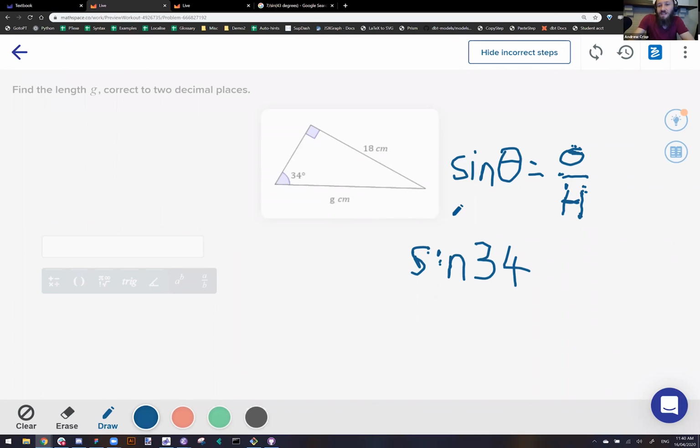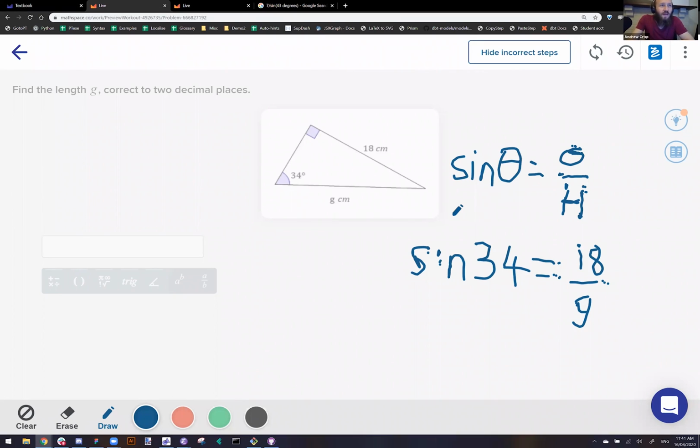It's 18. And what's the length of the hypotenuse? It's G. And if you rearrange this equation, you get a very similar equation to the one that we had before.